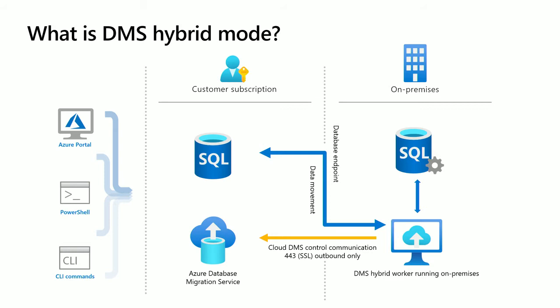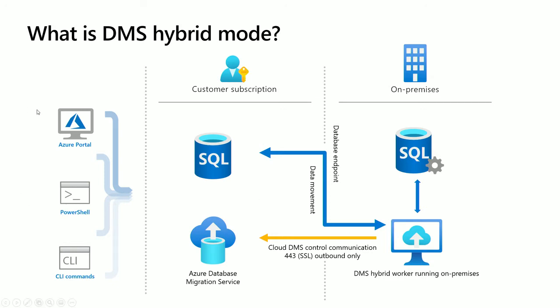It's a very lightweight service that takes only a few seconds to provision. Management purposes means creating a migration project, running a migration, and doing a migration cutover. You use that service for the management operations, but most of the work is done by the hybrid DMS service, which is installed locally in your on-premises network.